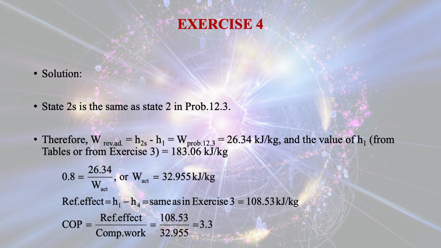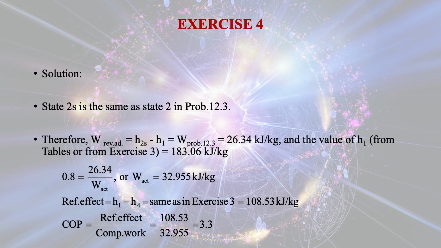So actual work we can calculate, that comes out to be 32.955 kJ per kg. The refrigerating effect is equal to H1 minus H4, that comes out to be 108.53 kJ per kg. The coefficient of performance is equal to refrigerating effect divided by the compressor work. For this case, the coefficient of performance is equal to 3.3.